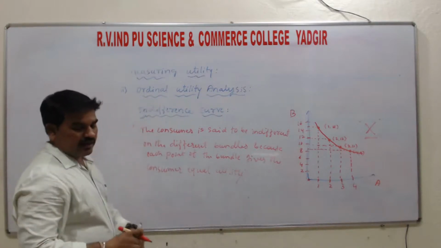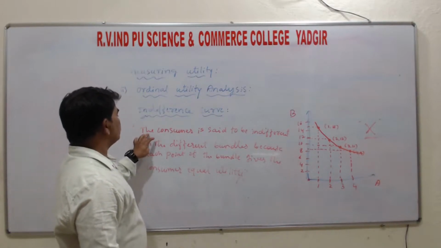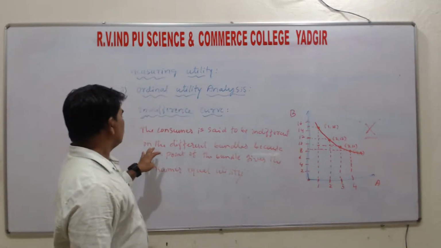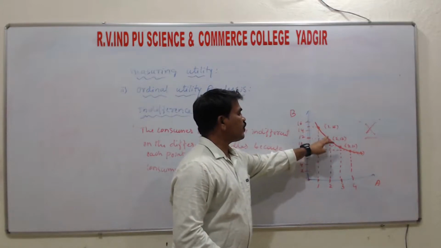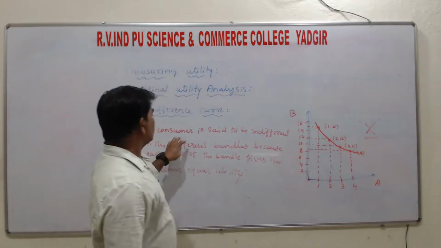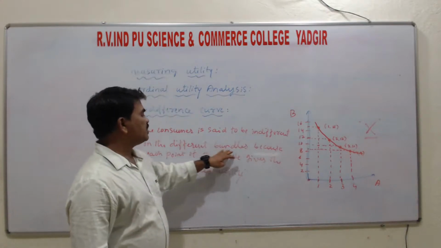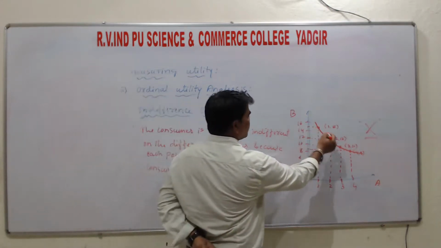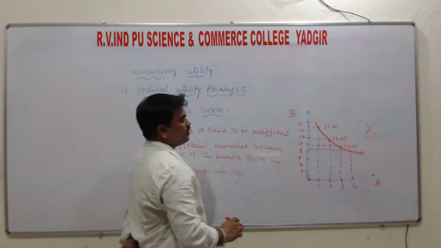What do you mean by indifference curve? Here, the consumer is said to be indifferent on the different bundles. These points are bundles. So the consumer is said to be indifferent on the different bundles because each point of the bundle gives the consumer equal utility.